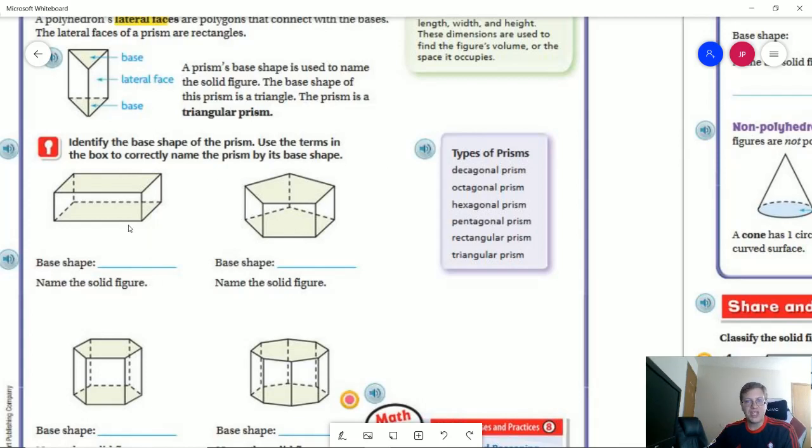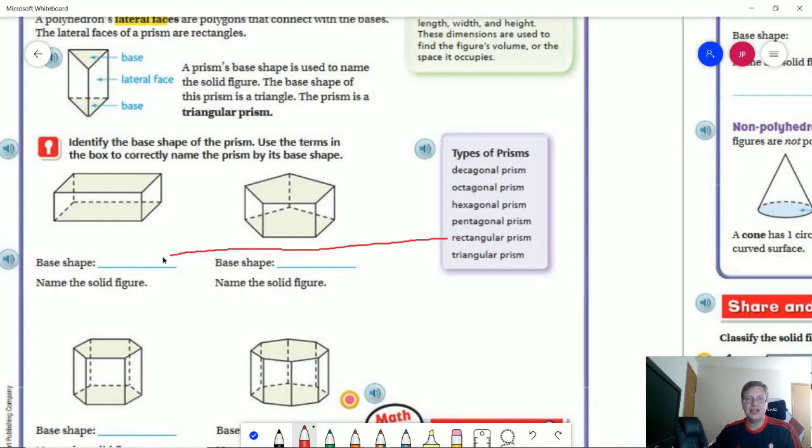So we can classify prisms by their basic shape that's used for the base of the shape. Our first one here would be an example of a rectangle as the basic shape, so it would be a rectangular prism. I'm going to skip writing some of this because of the length of time it would take.